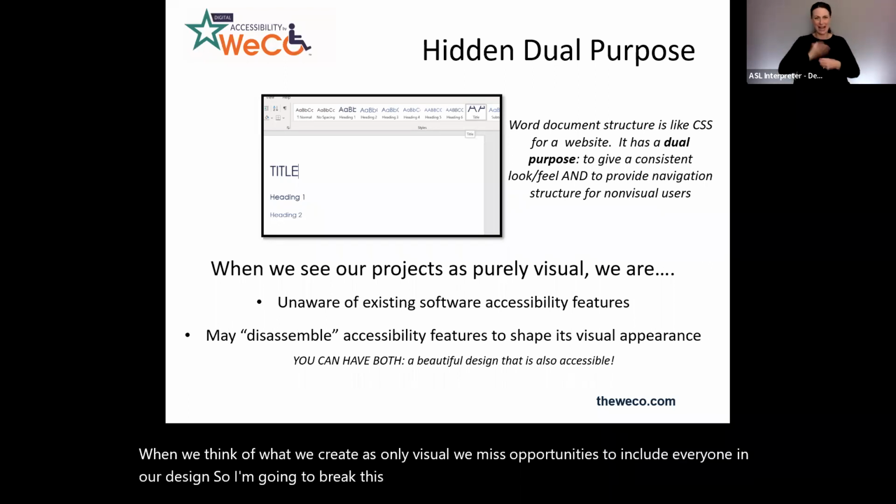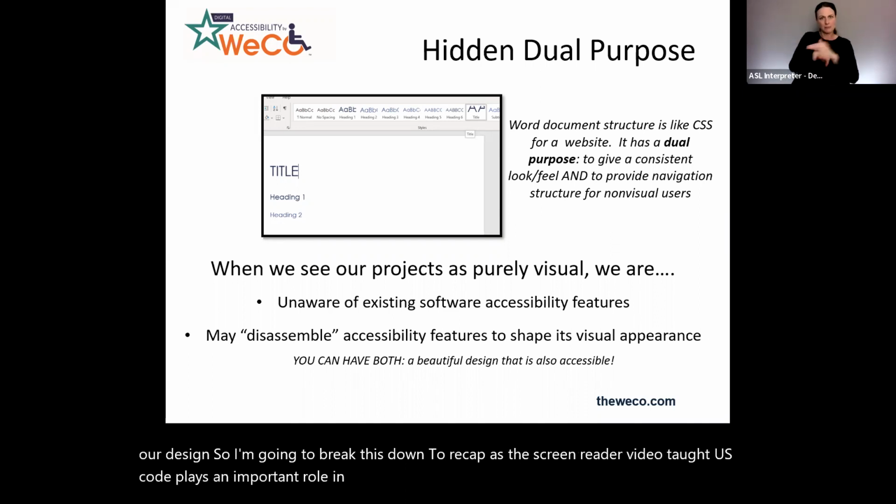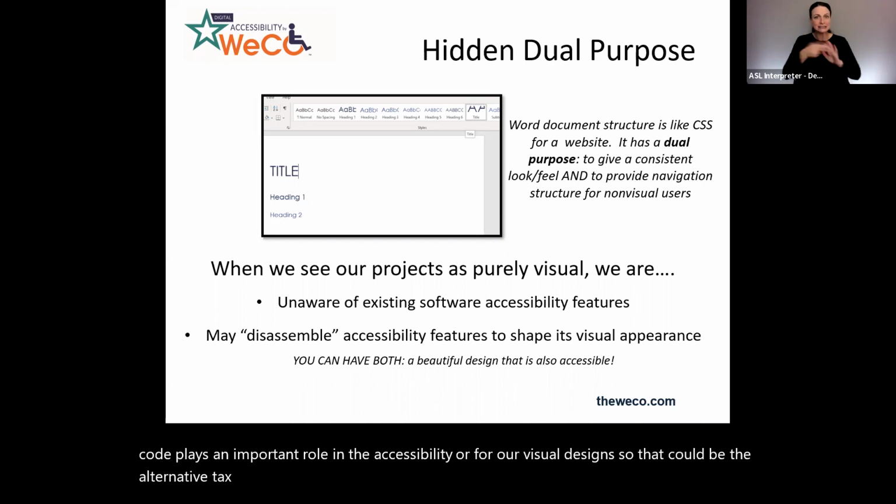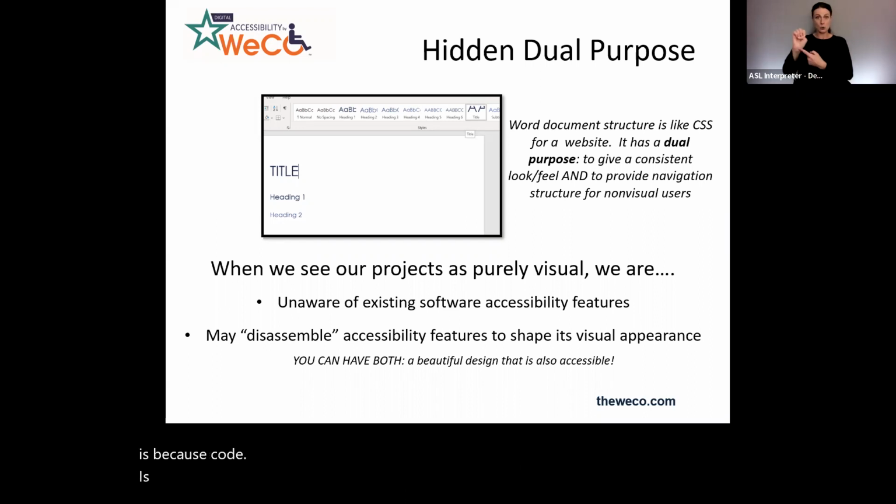To recap, as the screen reader video taught us, code plays an important role in the accessibility of our visual designs. That could be the alternative text tags. It's also how we structure the web page or the software. This is because code is a translation tool that allows some users with disabilities to access what others can see by hearing it read out loud.